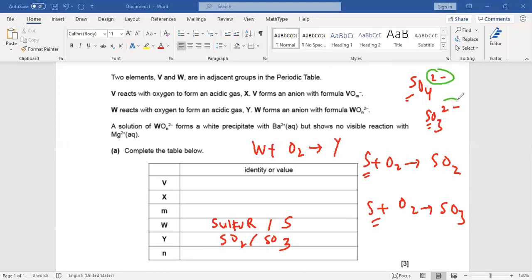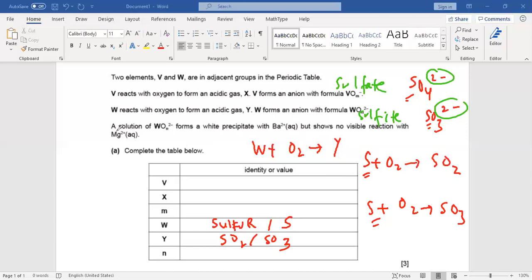Sulfate and sulfite have a -2 charge. So it directs my attention that the identity of W is sulfur. And then the next thing I need to do is prove whether my hypothesis is supported or refuted at the end of the day.